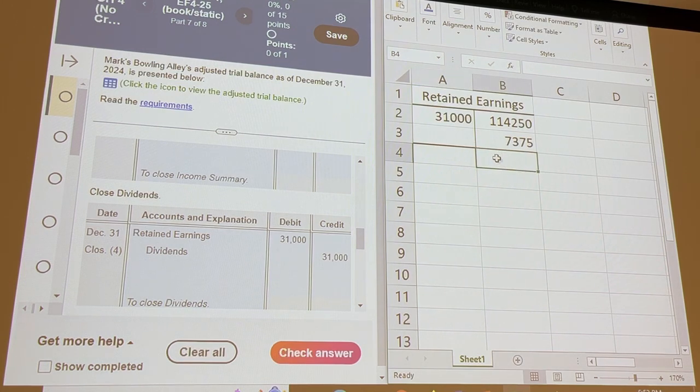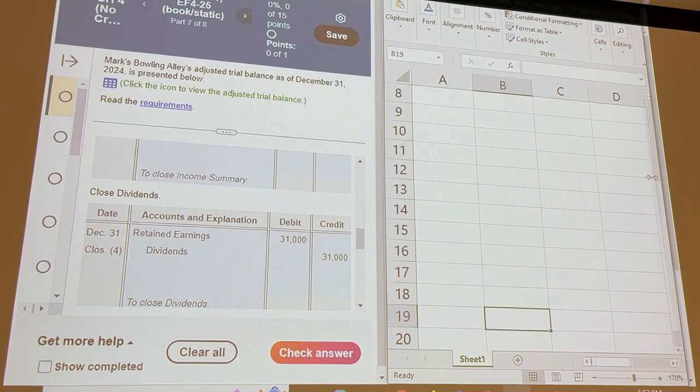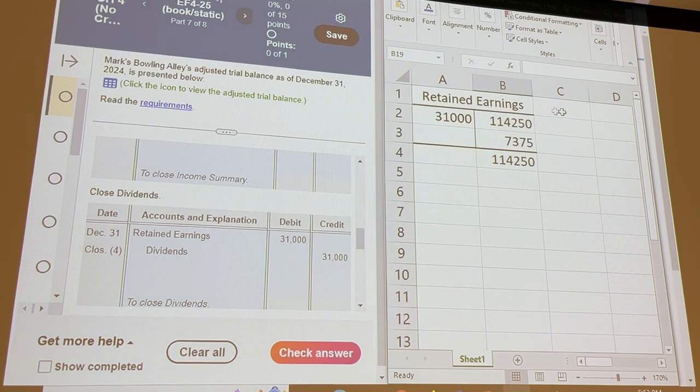So now to balance the retained earnings account. The balance in it would be a credit of $90,625.